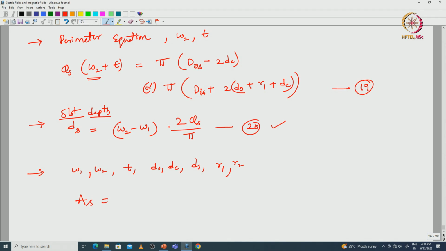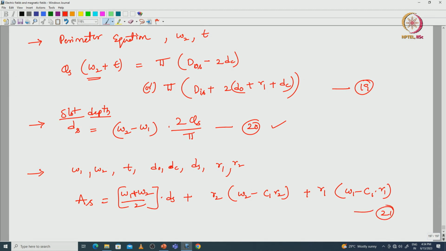Slot area is equal to (W1 plus W2) by 2 into DS, the slot depth, R2 W2 minus C1 R2 plus R1 into W1 minus C1 into R1. This is equation number 21. So, from this equation we can find the slot area. Here C is equal to 2 minus pi by 2.